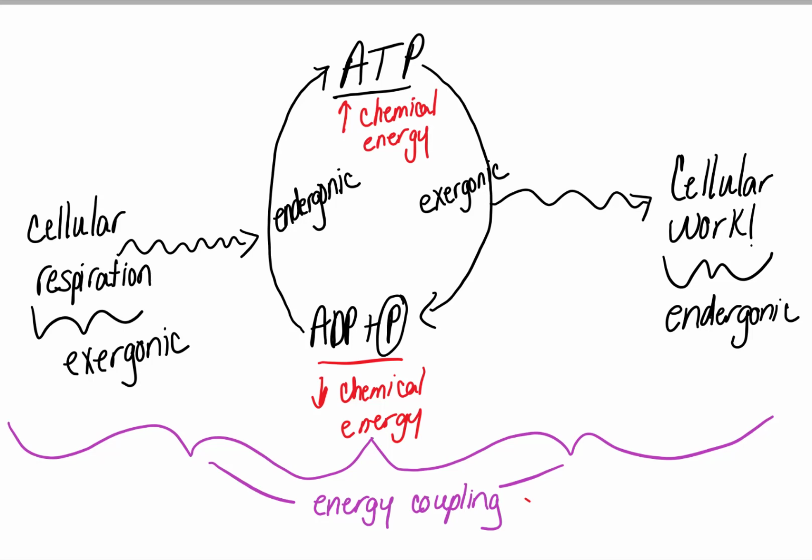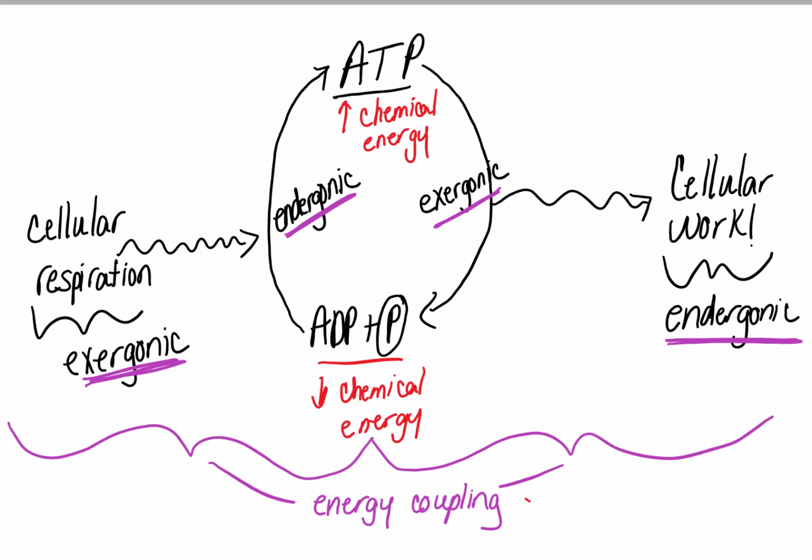The energy released in the exergonic reaction of cellular respiration is going to drive the endergonic production of ATP. And in addition, the hydrolysis of ATP is an exergonic reaction that's going to drive our endergonic cellular work.